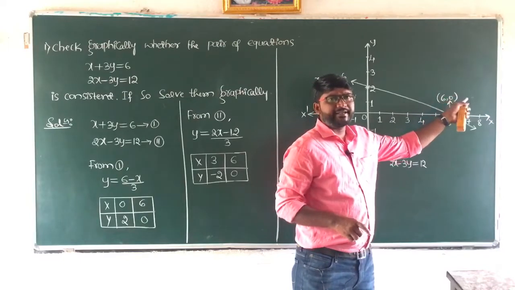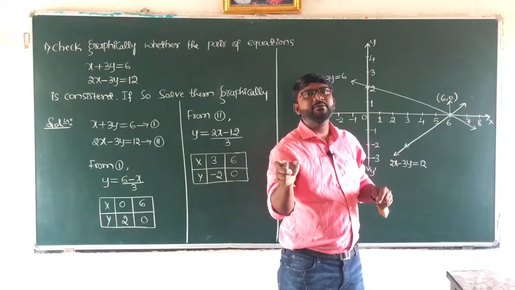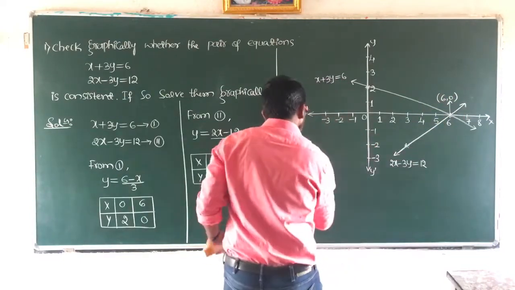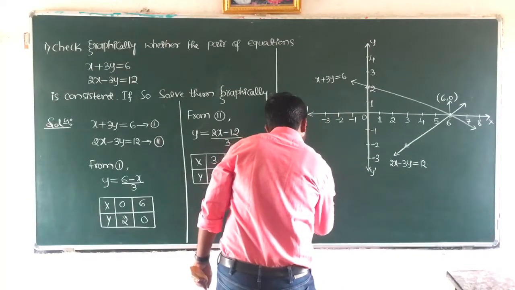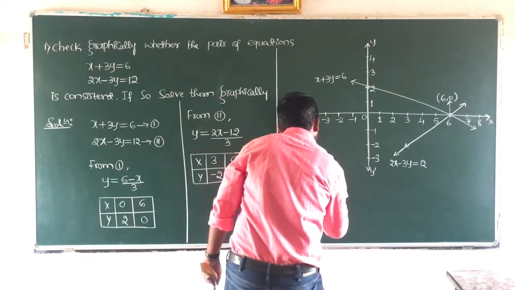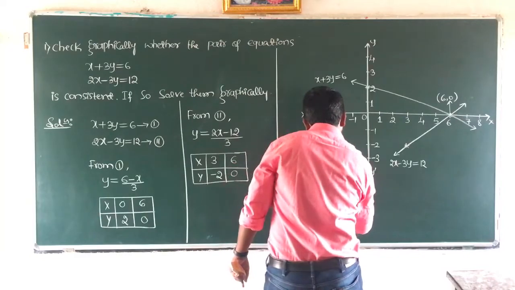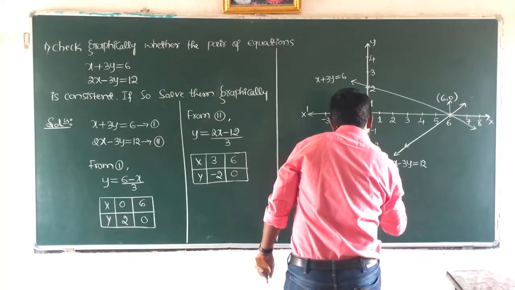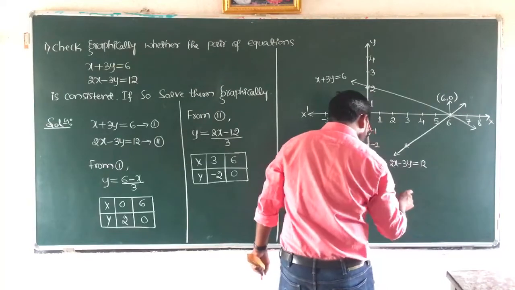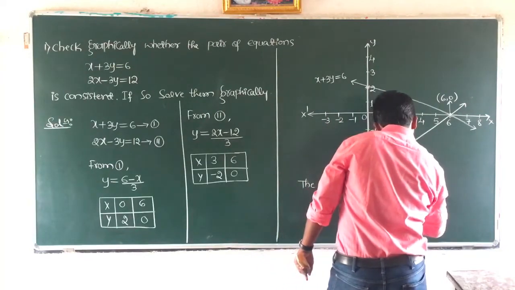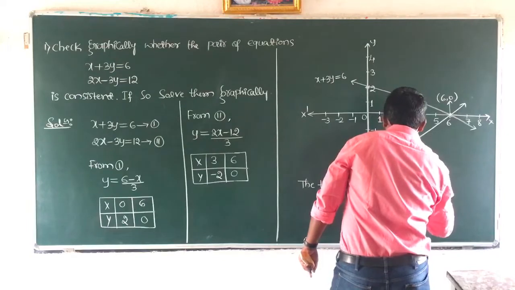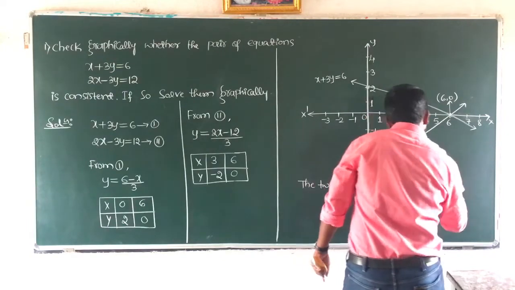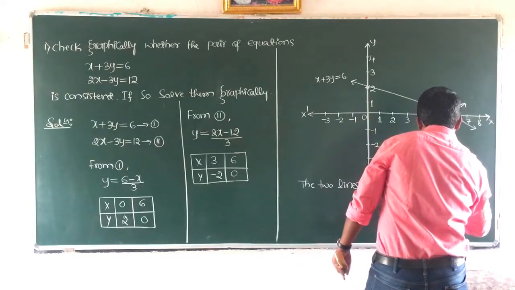What does it indicate now? X value 6 and y value 0. So see here, the two lines are intersecting at one point.